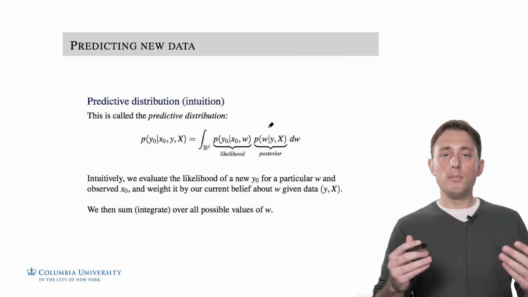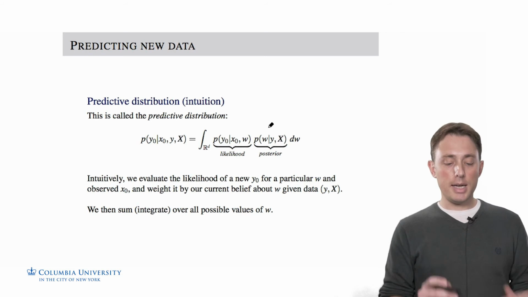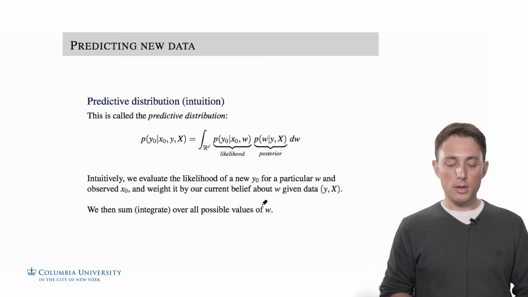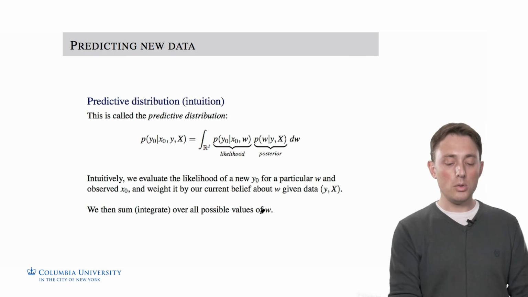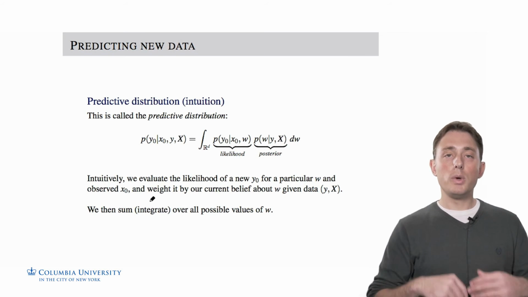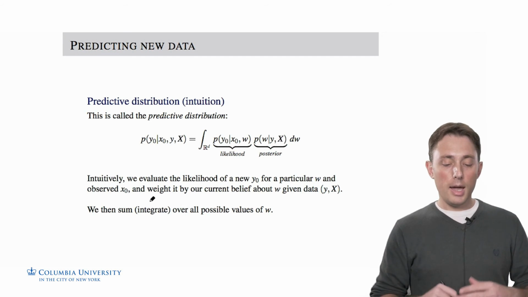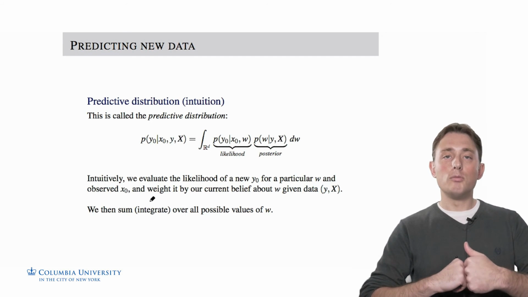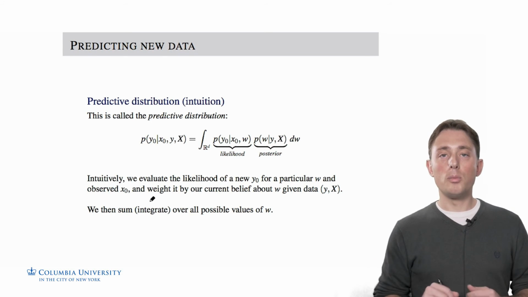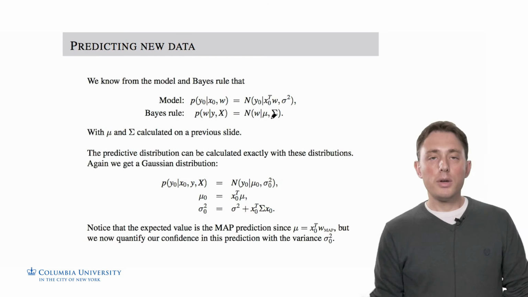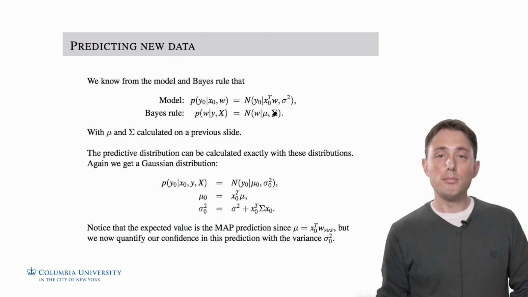We then sum all of those possible weighted models together. In this case, because there's an infinite number, a continuous number of possible vectors w, we're integrating. So we integrate over all possible model vectors w, and we're essentially removing all of the uncertainty of w in forming our predictive distribution.